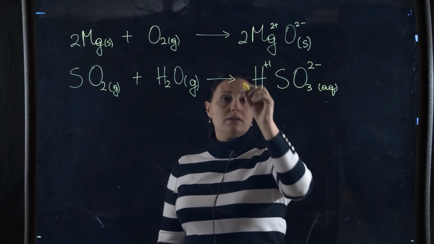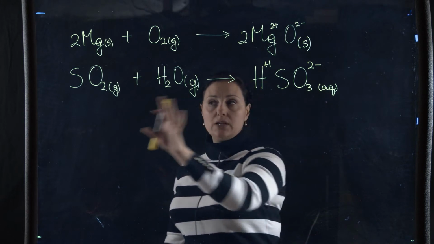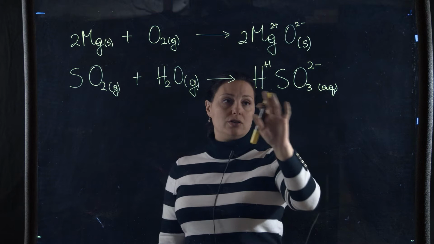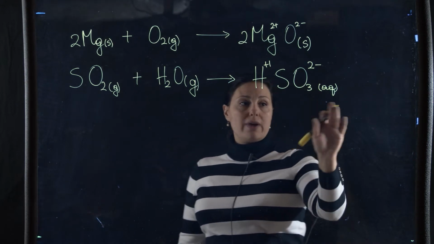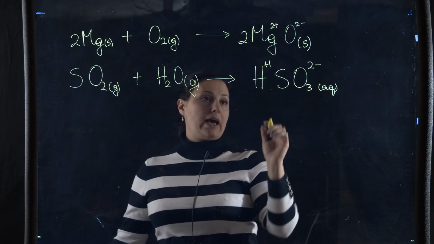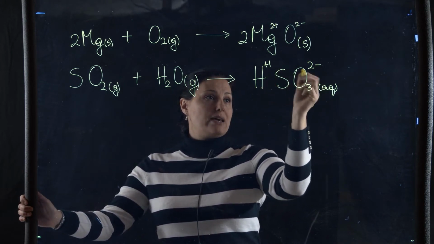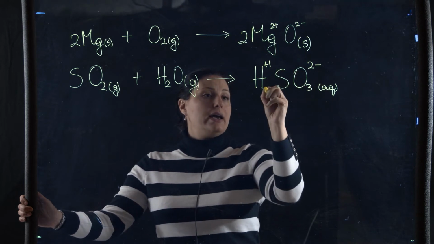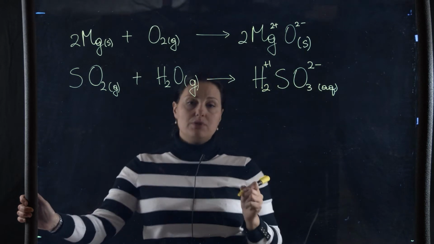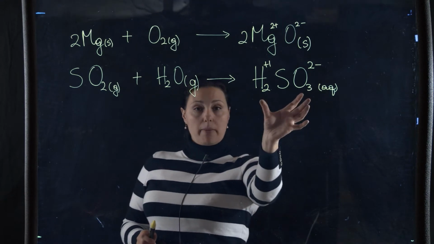Do not put it in front, because that is only to balance the whole chemical reaction. Remember, we are writing neutral compounds, which means we do mess with the subscripts now. I need 2 hydrogens to give me a +2, and I can do that by putting a subscript by the hydrogen. And now I have a neutral compound.